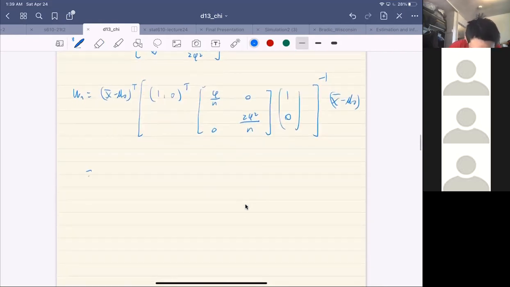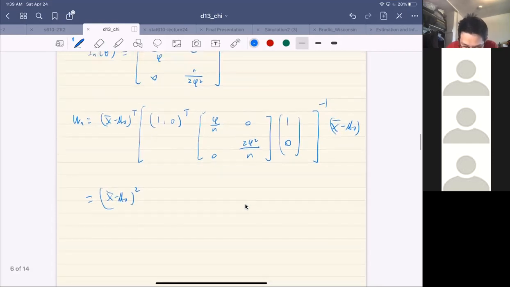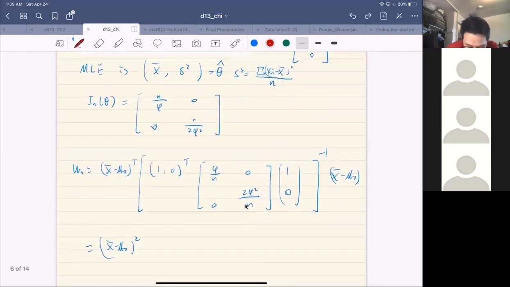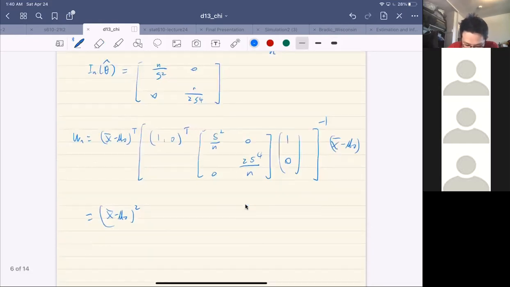So it's equal to X bar minus mu naught square. Sorry, the phi should plug in the hat, so this should be S squared. So it should be n over S squared. Okay, so this looks very nice. This is just the square of the t test.